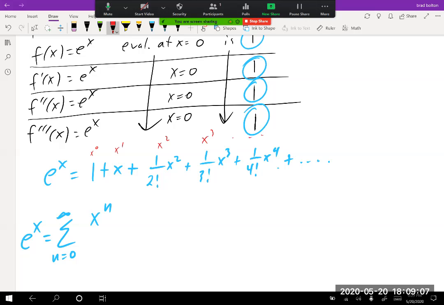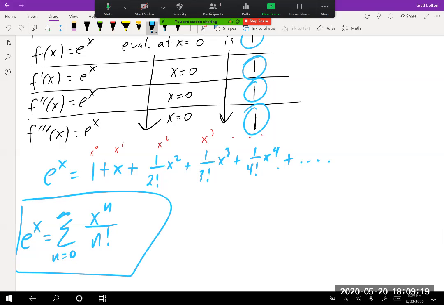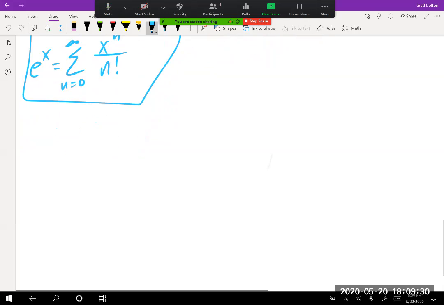So that is actually x to the n, and then it's divided by n factorial. Then I just write this, n factorial, and we now have the way to write a power series for e to the x, okay? Now again, the fact that it was a Maclaurin series, centered at 0, made it really, really nice. That's what makes it so clean.